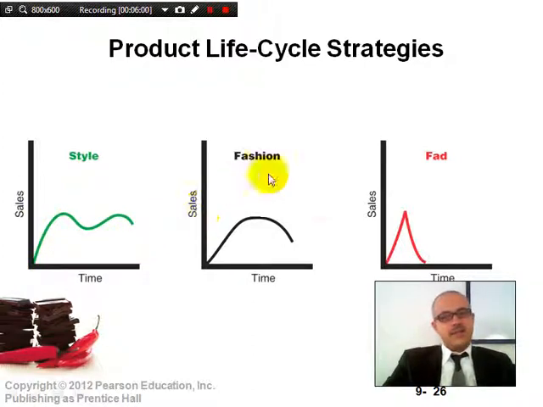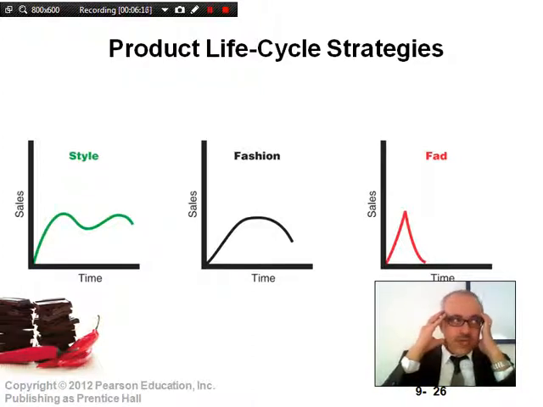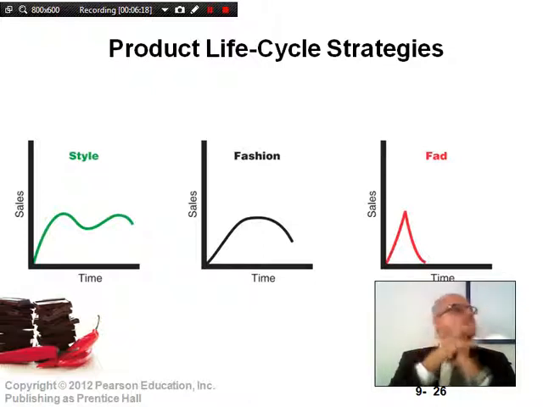Okay. And then we also have the idea of a fad. A fad is something that goes up very quickly and then dies very quickly. Something that everyone buys, let's say, those headphones. Everyone buys those headphones, and then after a very short time, it's gone, right? No one buys these headphones anymore.